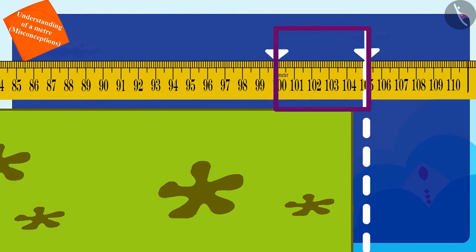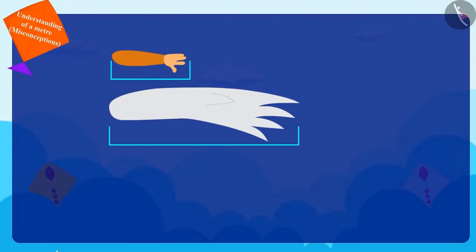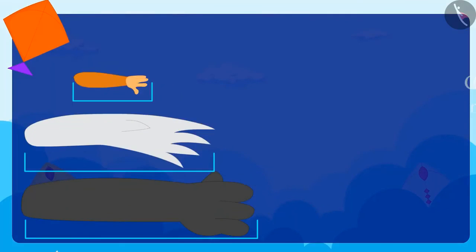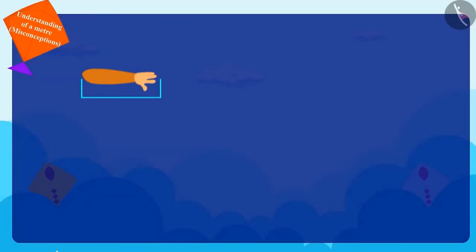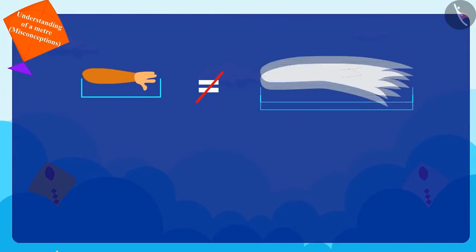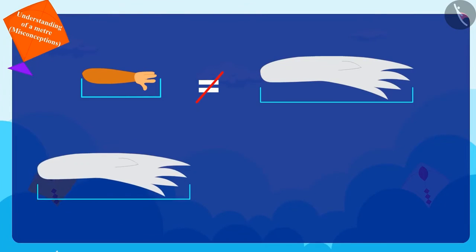Chanda explained to Chacha and Golu that the length of 1 arm varies for everyone, so they cannot use it to measure 1 meter. For example, the length of her 1 arm is not equal to the length of uncle's 1 arm.